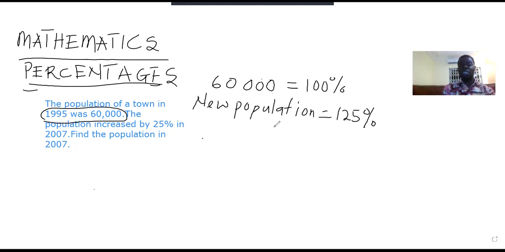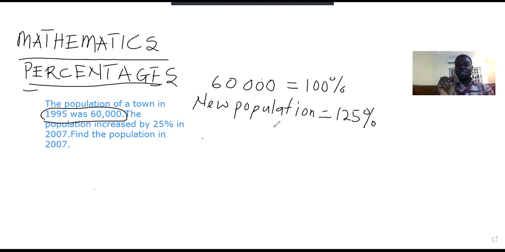So the original population, 60,000, equals 100%. And the new population, the population in 2007, is the new population. So we have increased 100% by 25%. We add 25% to 100%, and that gives us 125%.